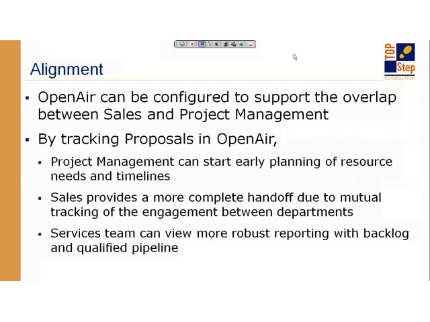So there is a way within OpenAir, if you haven't already done something to this extent, to start tracking proposals in OpenAir. And when I say proposals, I don't mean the documents themselves, but identifying the notion of what project is coming, even though it's in an immature state and still in the sales cycle.